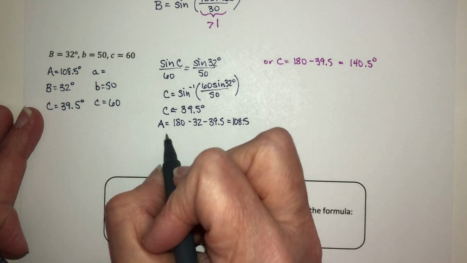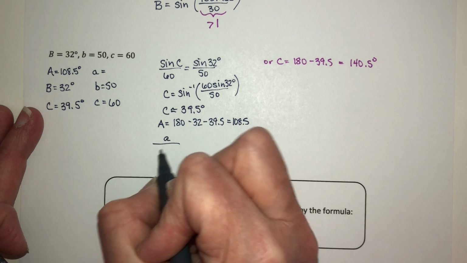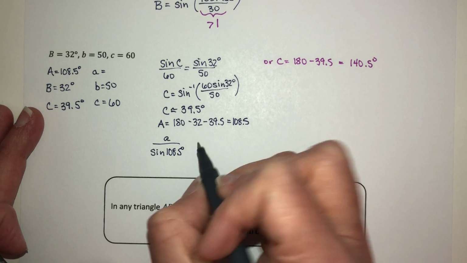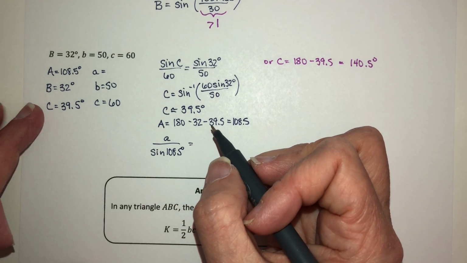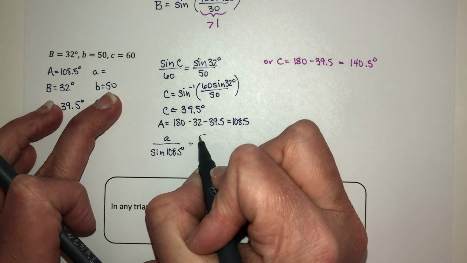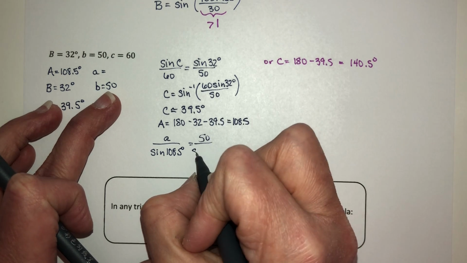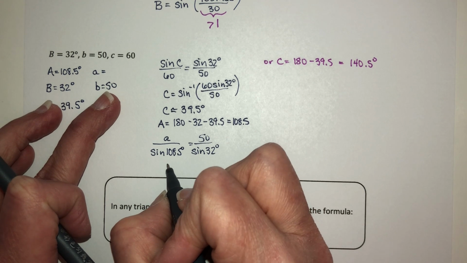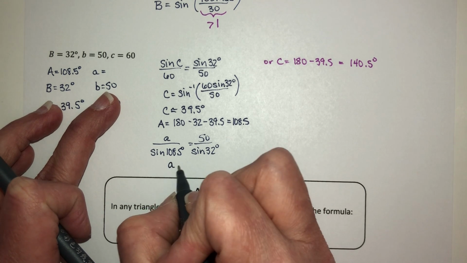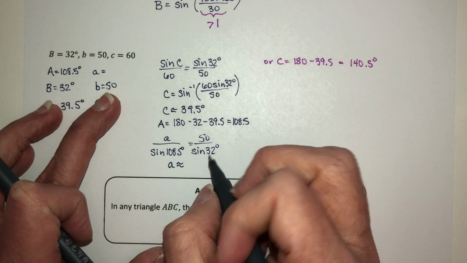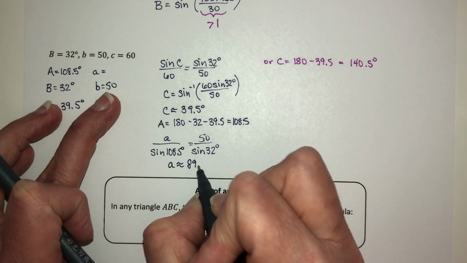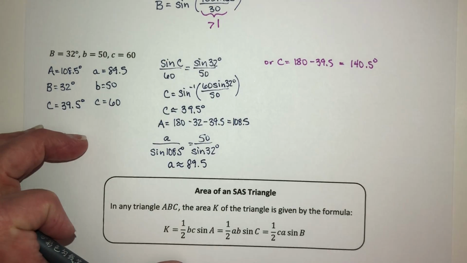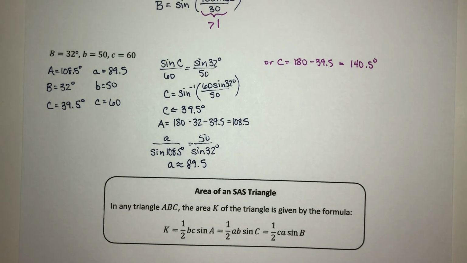Now we use this to find a. a over sine of 108.5 degrees is equal to 50 over sine of 32. And then we find that our a value here is approximately 89.5. So that's one triangle solved.